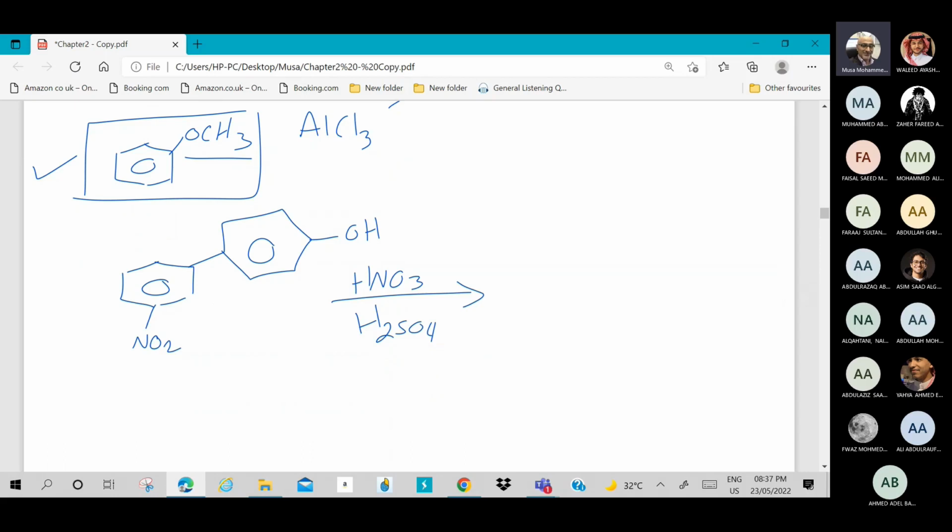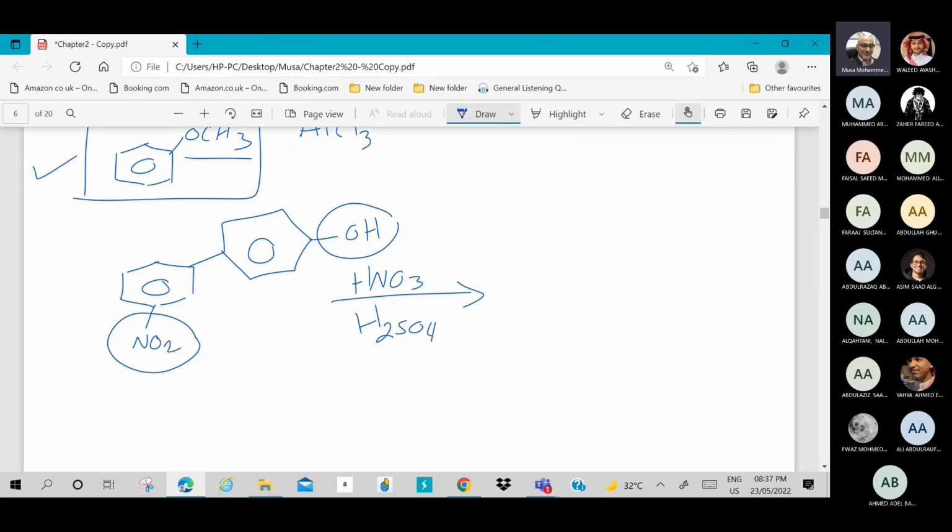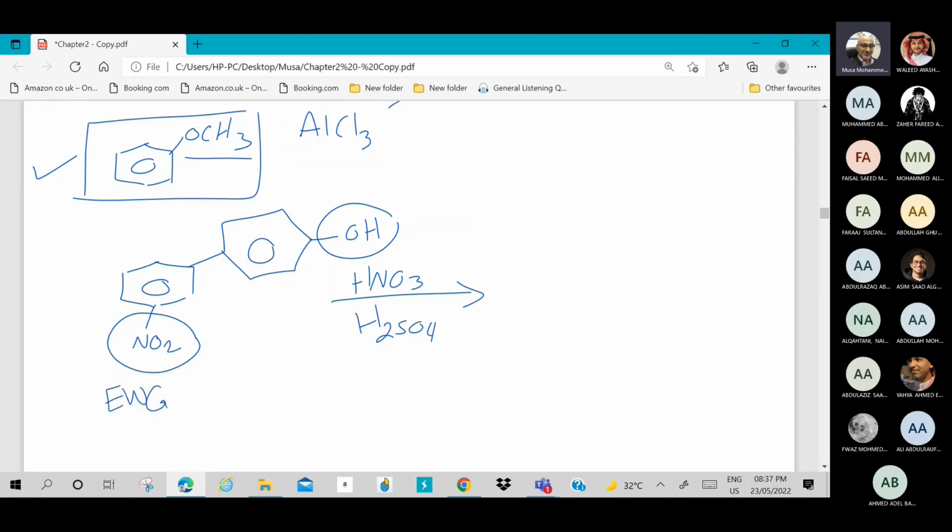The one that will react is the ring that is more activated. Which ring is more activated? We have to look at now. Nitro, hydroxy. Nitro is among the electron withdrawing groups. This is electron withdrawing group, and this one is electron donating group. In this case, we know that the right side ring is the one that will react. So this ring will react regardless now if this is ortho para director or meta director.